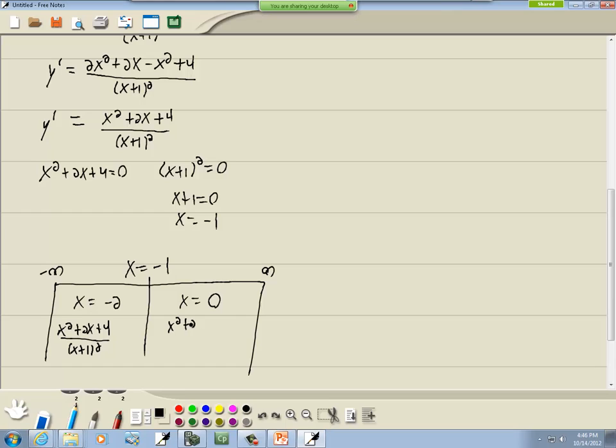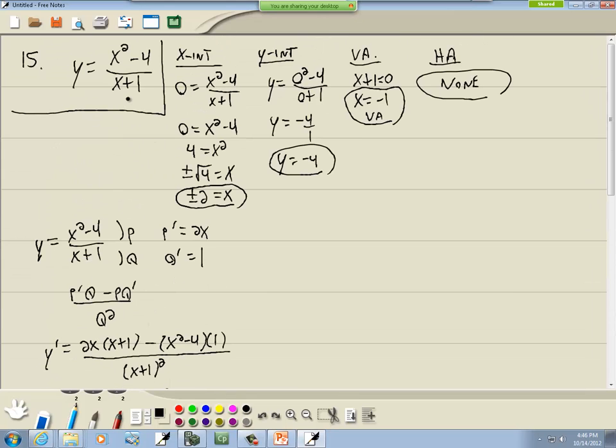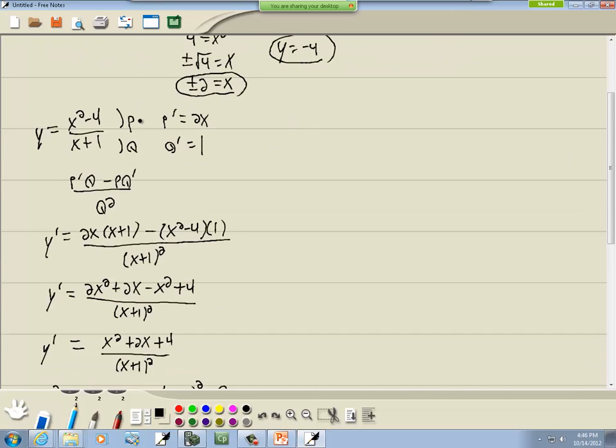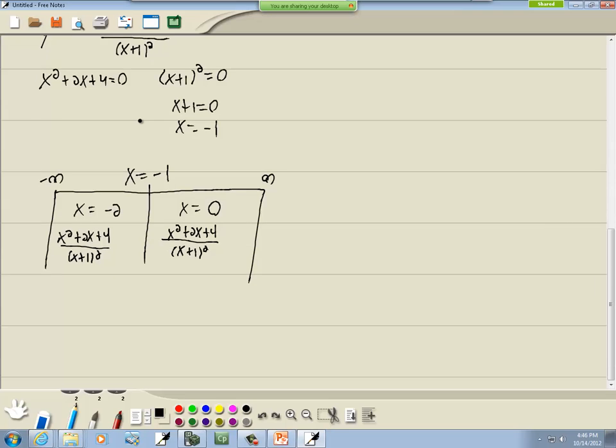Now, our critical value is -1. -1 doesn't exist up in our original problem. It's not in the domain. So it can't be a min or max, but we can have increasing and decreasing. That's what we're going to be looking at. That'll help give us a little picture of the graph.